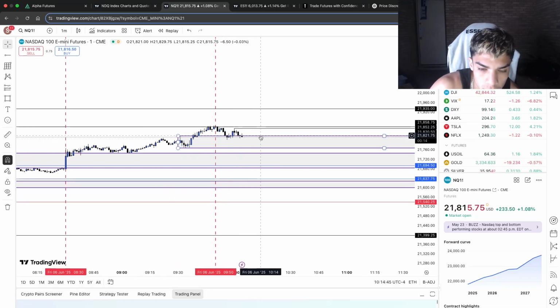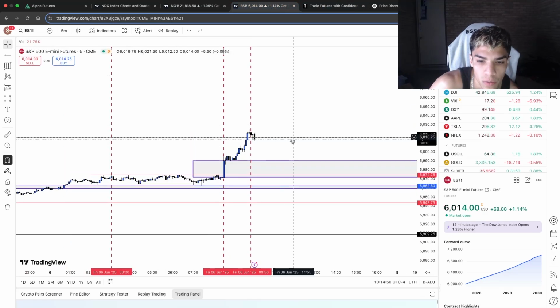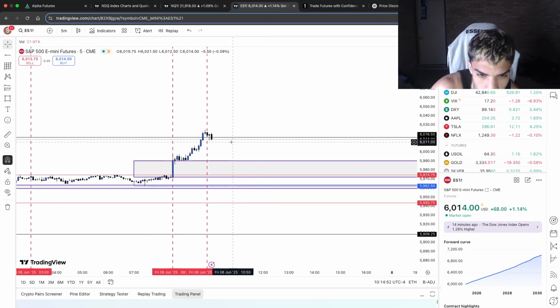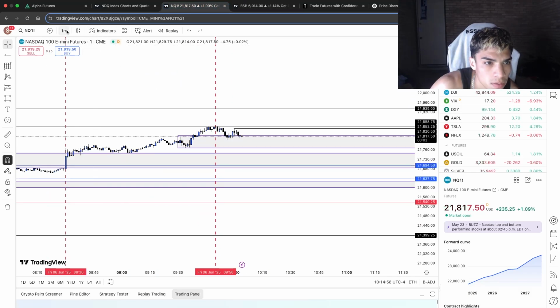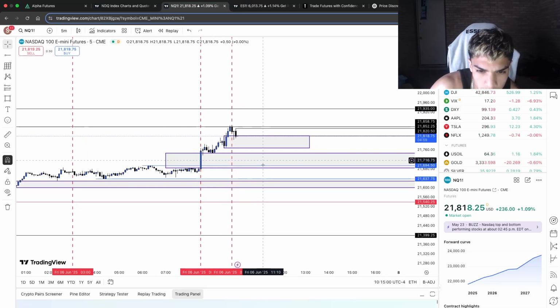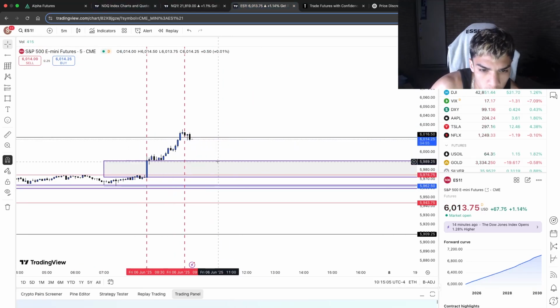Come on, NASDAQ. What is this doing over here? Oh, we're on the 5 minute over here? Okay, go back to the 5 minute. Most recent low is still over here. Most recent low is this one right here.